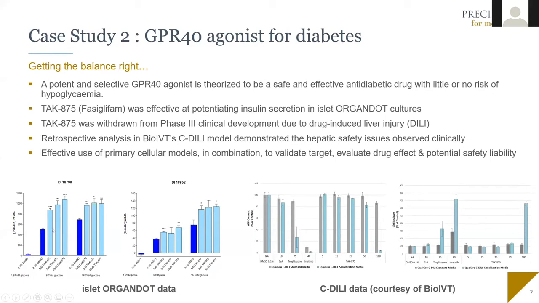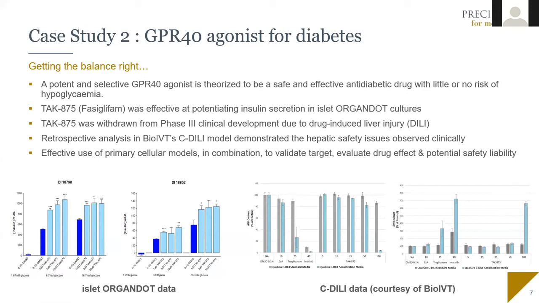So we can see that we're getting potentiation, a nice concentration dependent increase in insulin secretion in both donors. So the drug was pretty effective at potentiating insulin secretion. That's great. And if you took that data in isolation, you'd be thinking, great, this is brilliant. My compound's amazing. It does everything I need it to do.